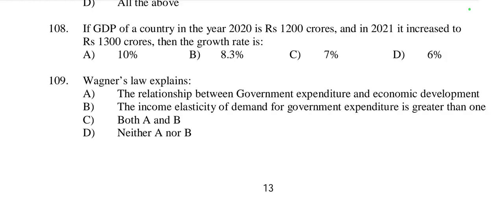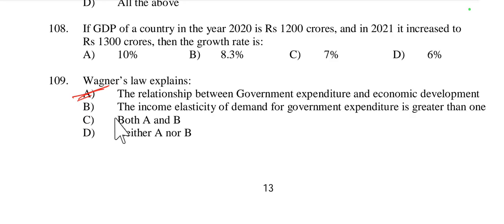Wagner's law posits that as an economy develops, the public sector will grow, leading to increased government expenditure. So when the economy grows, public expenditure grows, and where government spending increases, the economy grows. So the relationship between government expenditure and economic development is also right.